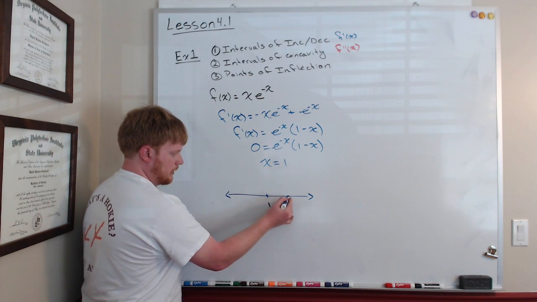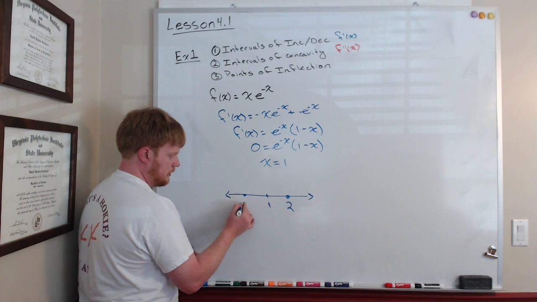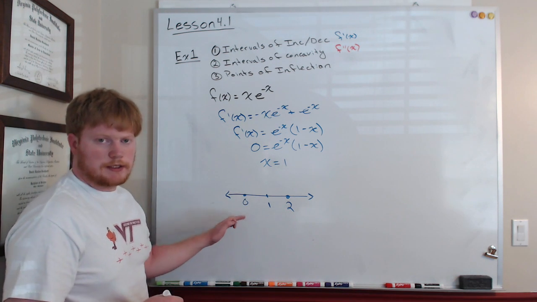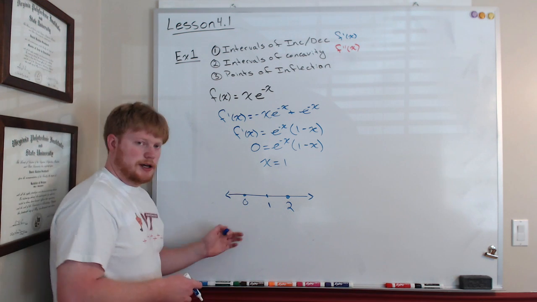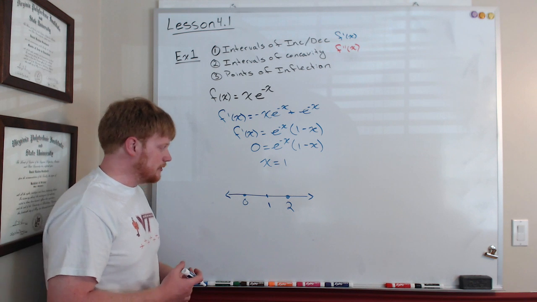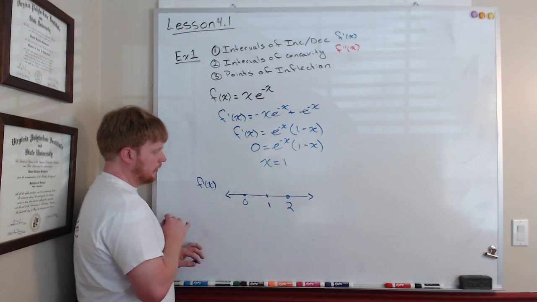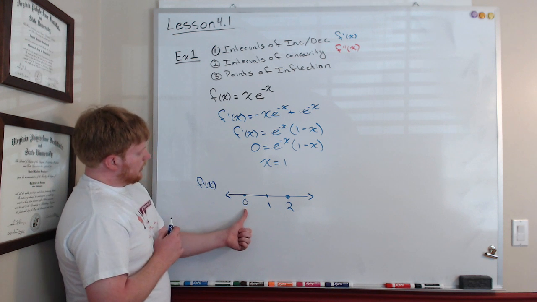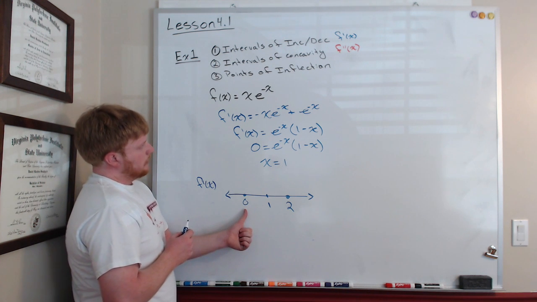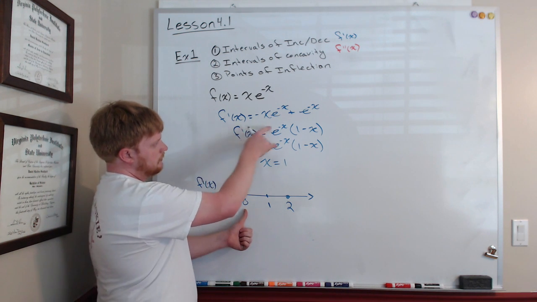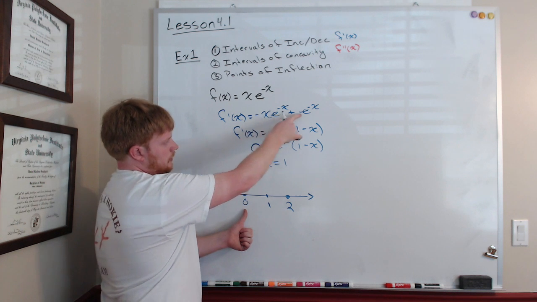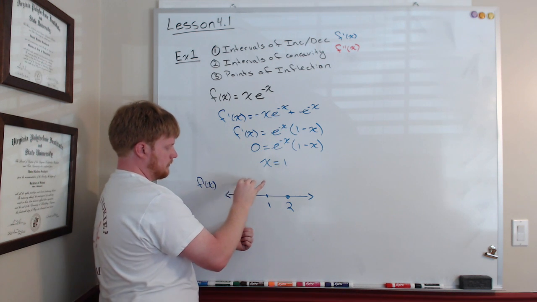Okay. So let's test 2 and 0. Notice that I always try to test 0 because it's easy to plug in. Unfortunately, if 0 is one of my critical points, I can't do that. So let's see what happens. When I plug in 0, I get 0 plus 1, which is positive, so increasing.